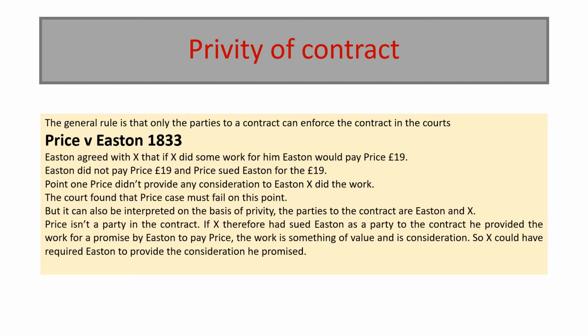And he was the person, X, who should have sued Easton. I know it can get confusing when we start talking about three different names, but let's look at it on a storyboard to try and make it look a bit clearer.